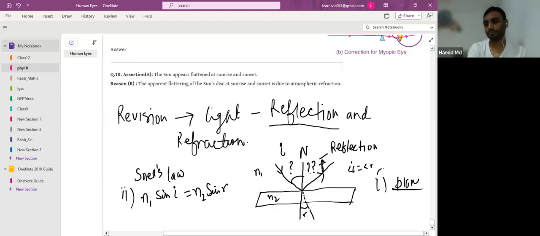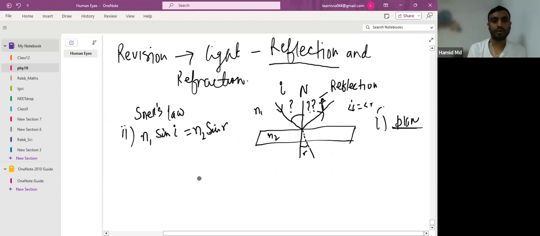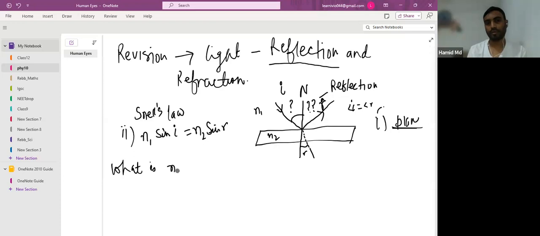What are n1 and n2? They are called refractive index.